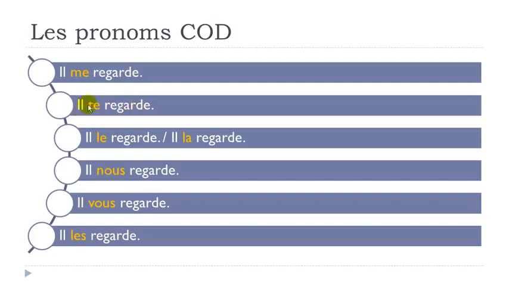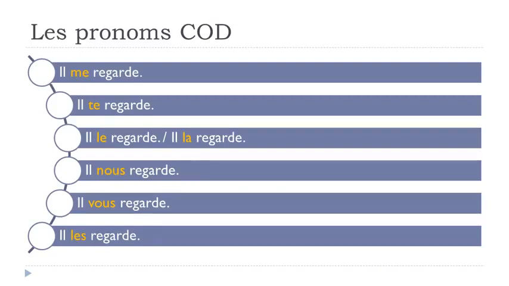Il le regarde. Il la regarde, he's looking at him, he's looking at her. Il nous regarde. Il vous regarde. Il les regarde. It's not that difficult when you try to remember the pronouns, and then this idea that it will come before the verb. Honestly, it's not that tricky.